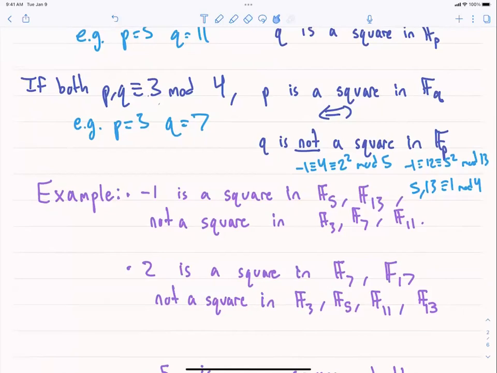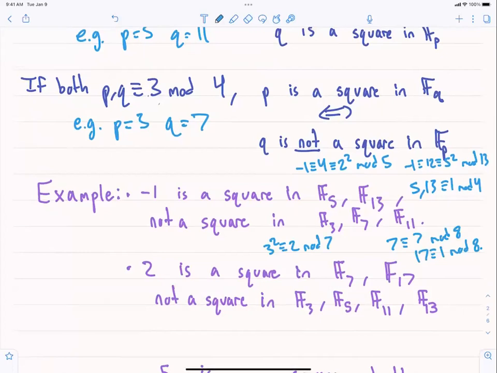Okay, so going on to the next thing, when is 2 a square? That was supposed to be when p is congruent to 1 or 7 mod 8. So 7 is congruent to 7 mod 8, and 17 is congruent to 1 mod 8. In F_7, 3 squared is congruent to 2 mod 7, so good, 2 is a square.